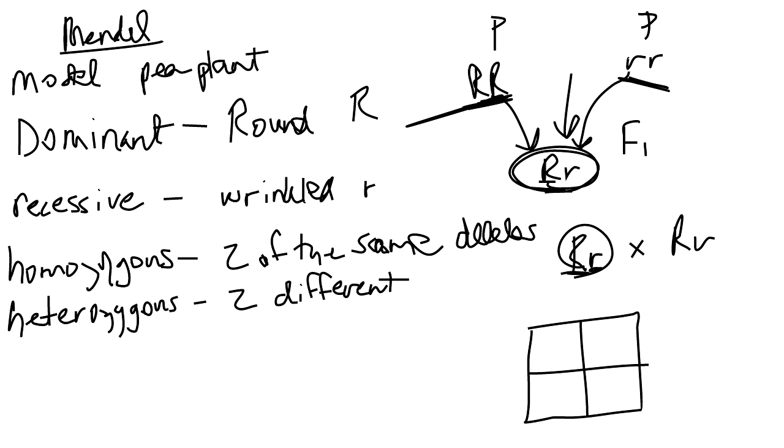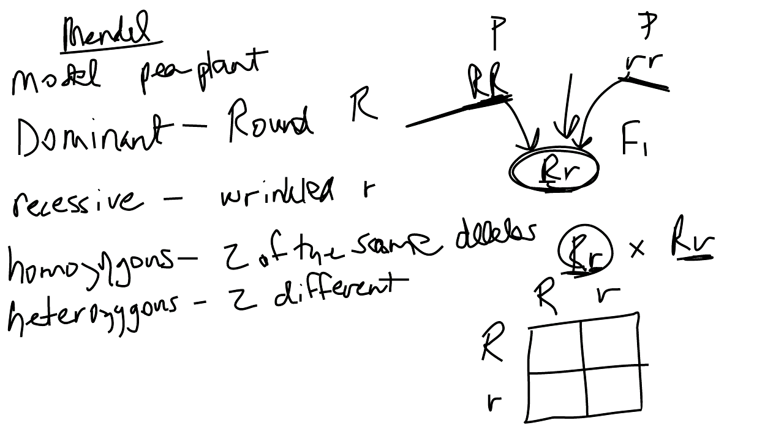So this represents one gamete, and this represents the other gamete. This parent has the same genotype, so one gamete will have this, one gamete will have this one. It makes no difference what order you write these in. Now the inside of the Punnett square represents the possible offspring that these parents can have.